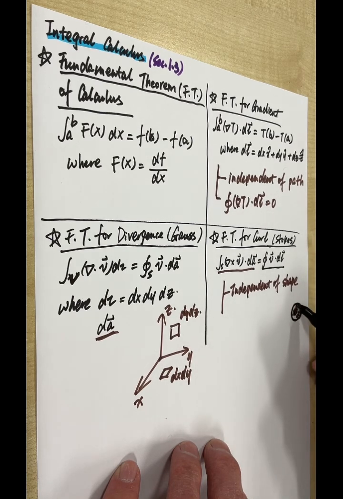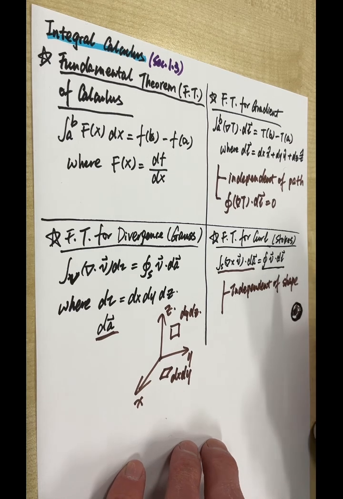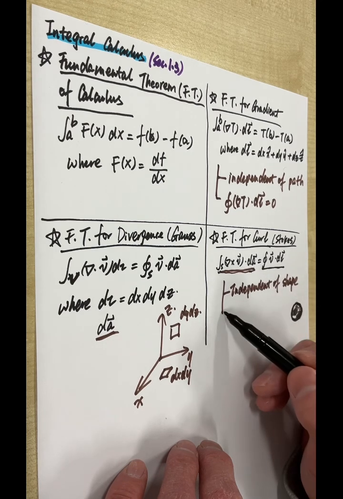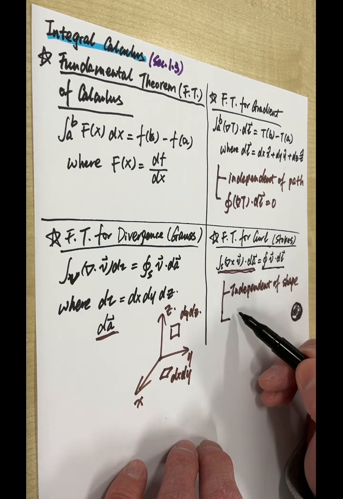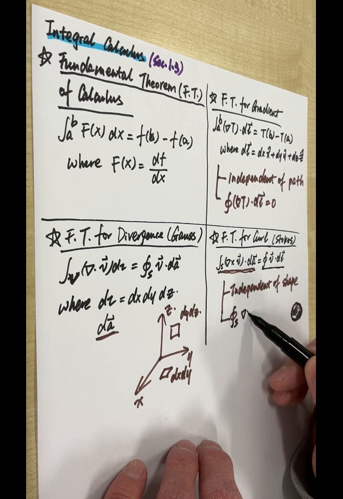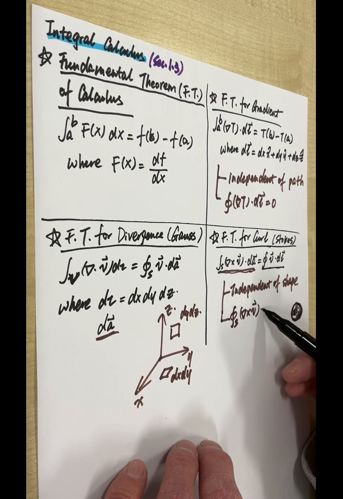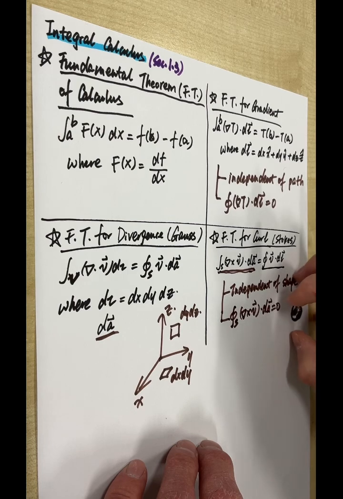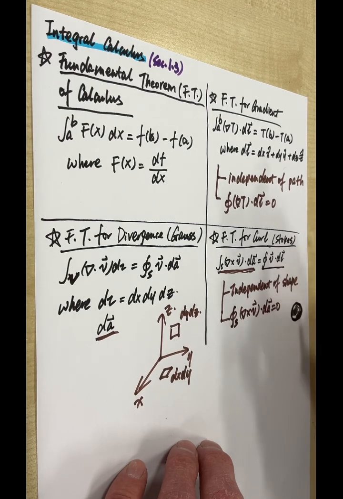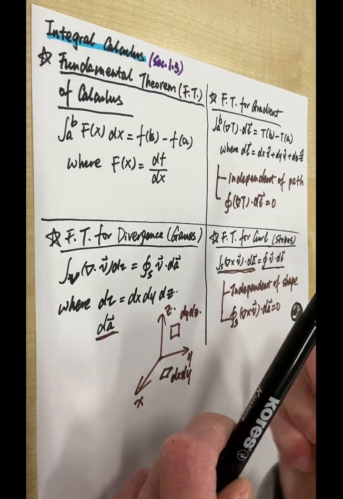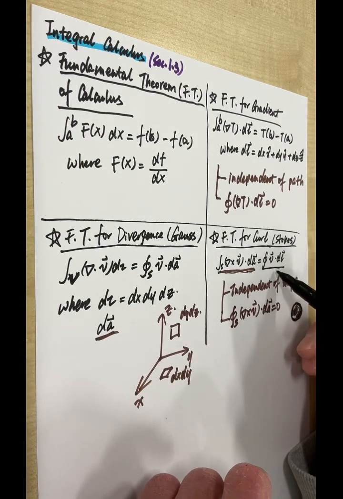As long as the boundary forms the same closed path, then the surface integral will give you the same value. The second thing is, if we do a closed surface integral on curl, what do we get? We'll get 0. So if the surface is closed, then the boundary would reduce to 0. So here we would have 0.